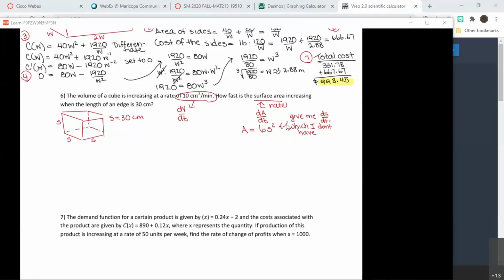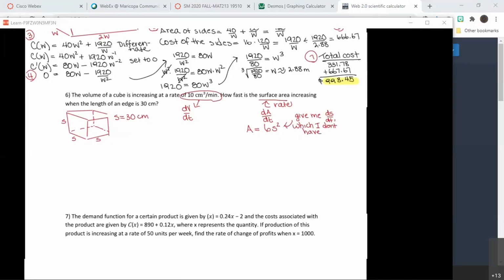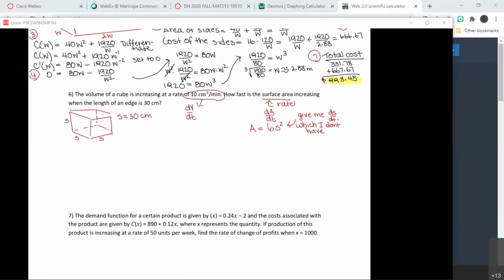Because S is a function of time, and when I differentiate implicitly I get dS/dt from the chain rule. So where am I going to get dS/dt, the rate of change of the length of one of the sides?